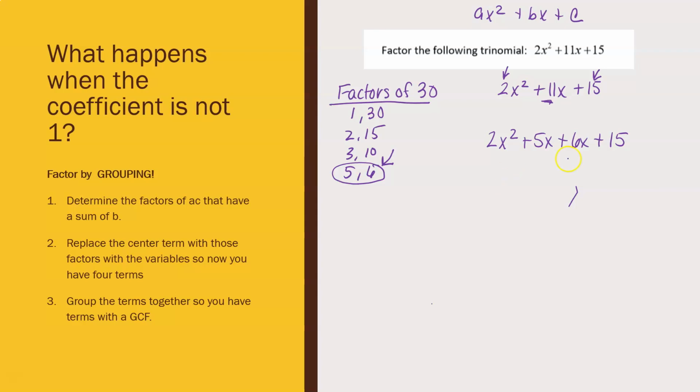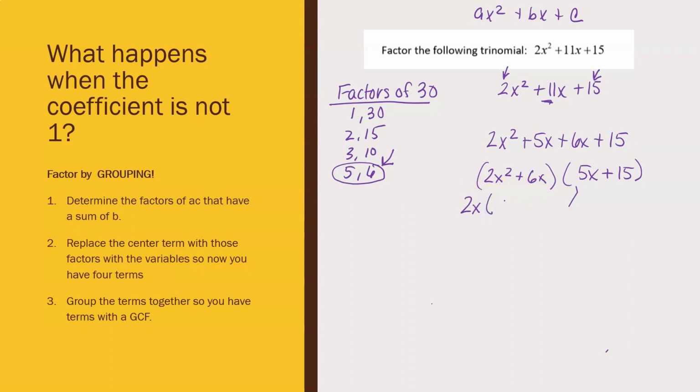So now I'm going to rearrange these 4 so that I pair them up with terms that have a common factor. So I'm going to move these around to be 2x squared plus 6x, because they have a common factor of 2, and 5x plus 15 has a greatest common factor of 5. I'm going to pull that 2x out, the greatest common factor, and factor this, undistribute this.